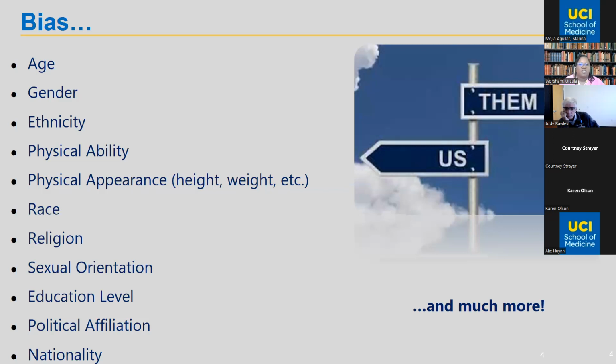Through implicit bias, we are often making constant categorizations in our minds of who's in, who's out, who's similar to us, and who may be different from us. There are many more ways that bias can show up, but these are examples that may be very common in our everyday life, in the way we navigate the world, interact with others, and interpret information.